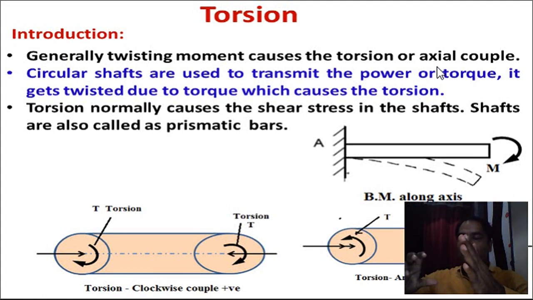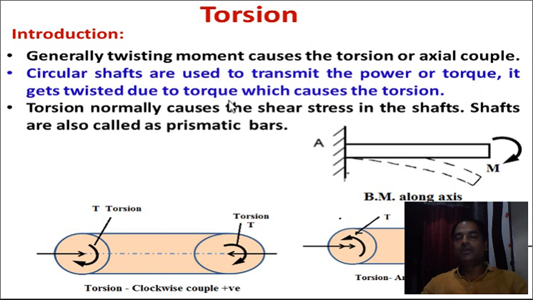Generally, in trucks, you might have observed the axle of the truck rotating. It forms a couple, it develops a couple. Circular shafts are used to transmit power or torque.